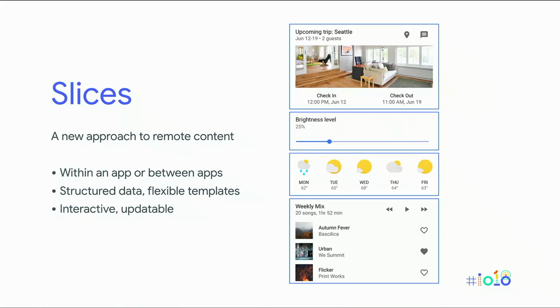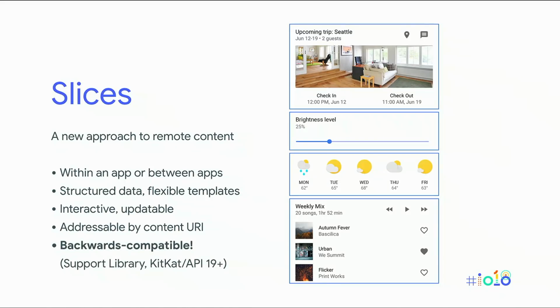This is meant to be something that holds rich UI, sliders, controls, live information, possibly videos, things that actually feel like real UI as opposed to a snapshot of something happening in a distant process somewhere. Slices are addressable by content URI, and this is how they're passed around the system, and how they're passed along to app indexing to be shown in contexts like search. And then finally, Slices is entirely inside the support library.